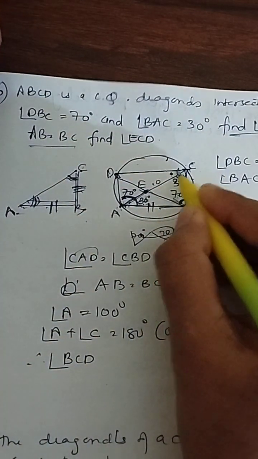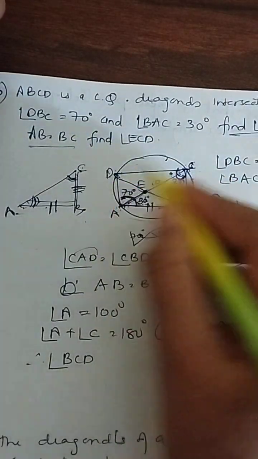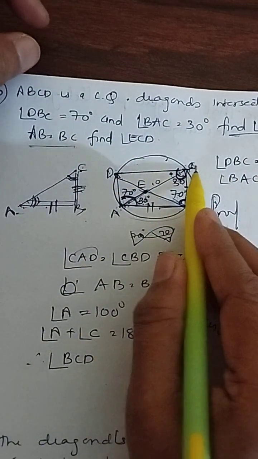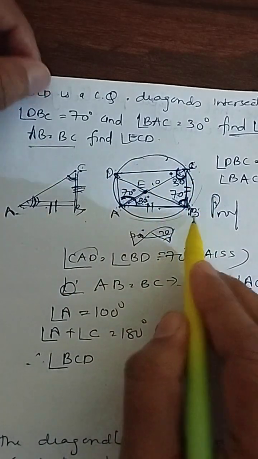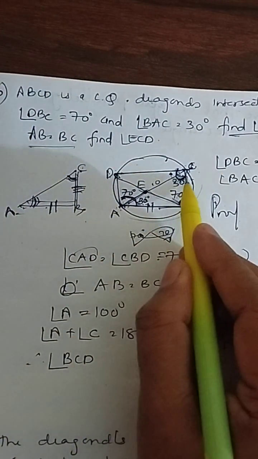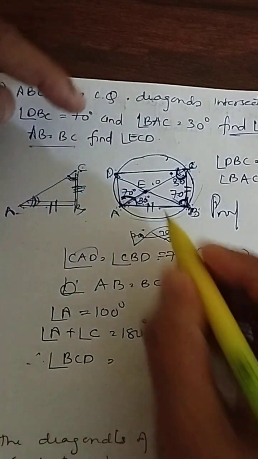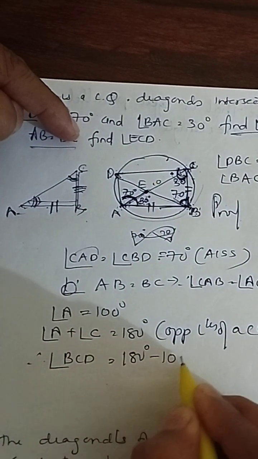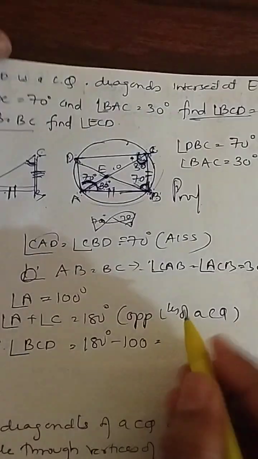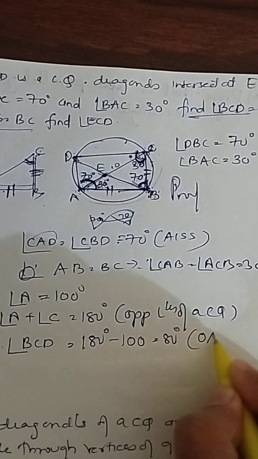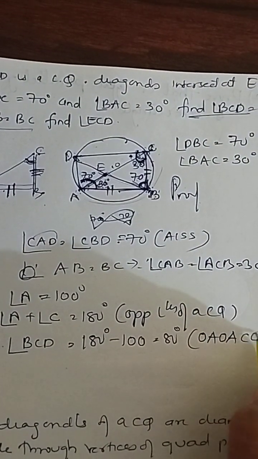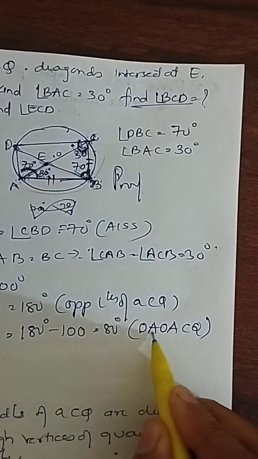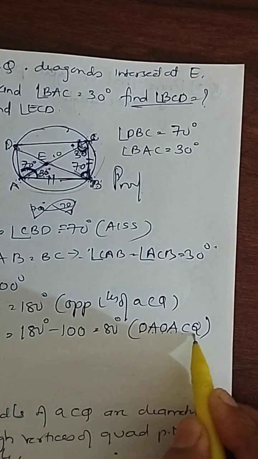DCB and BCD are one and the same. Angle C is how many degrees? This is 100, so this will be 180 minus 100, which is equal to 80 degrees, because opposite angles of a cyclic quadrilateral.